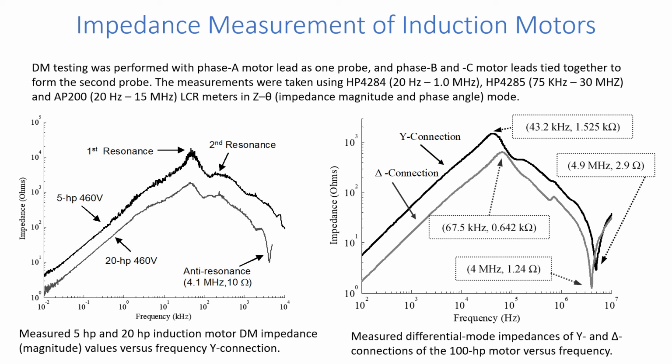At the end, I'm going to list the three papers that support the material of this talk today. But the point here is that it depends on how many turns you have and how the structure of the windings is; the resonance points and the value of the impedance are going to be different.